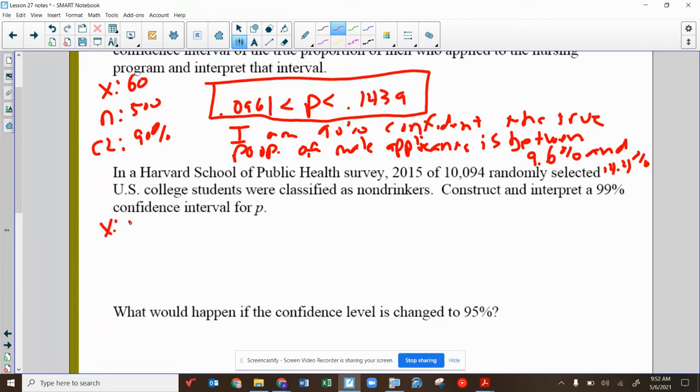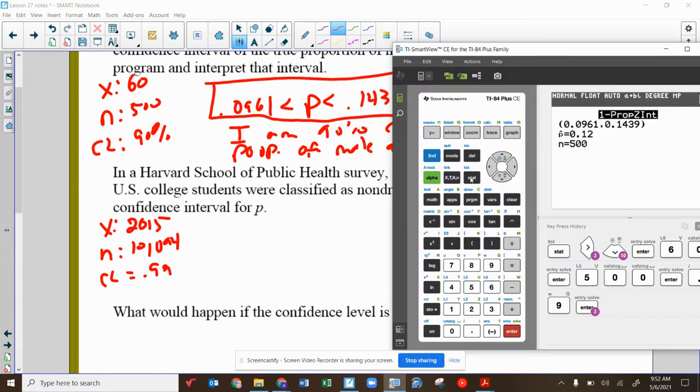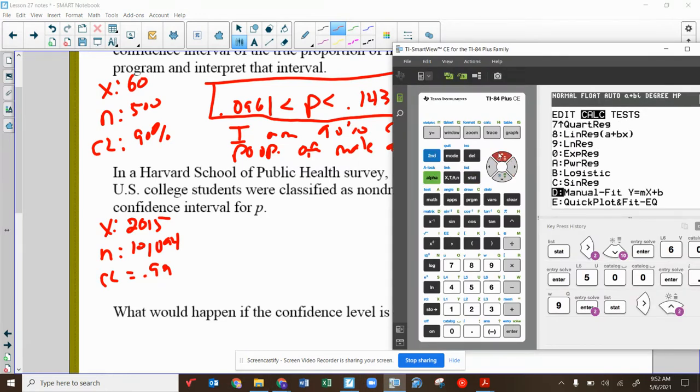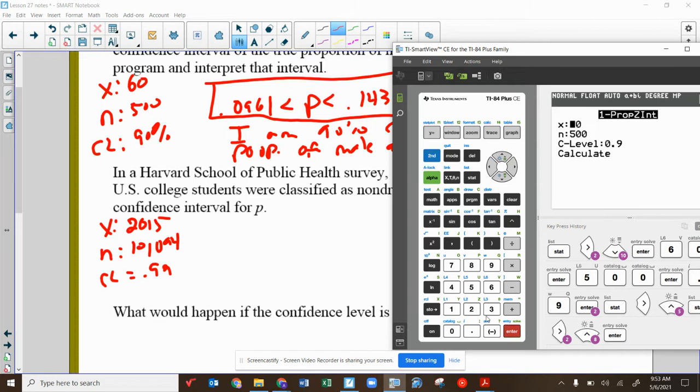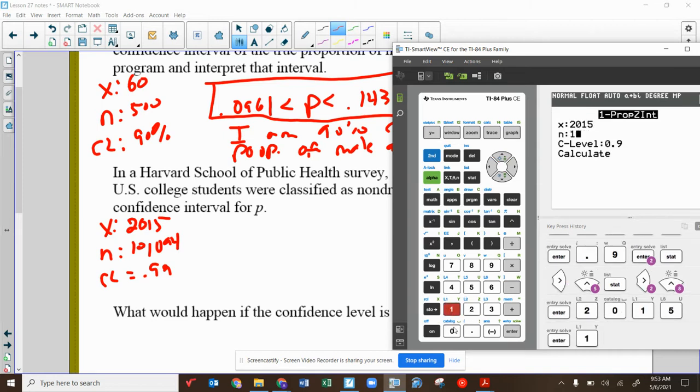So X is 2015 and N is 10,194, confidence level 0.99.